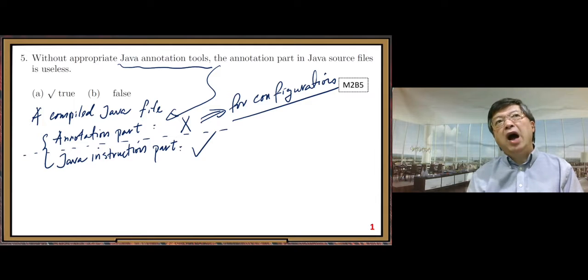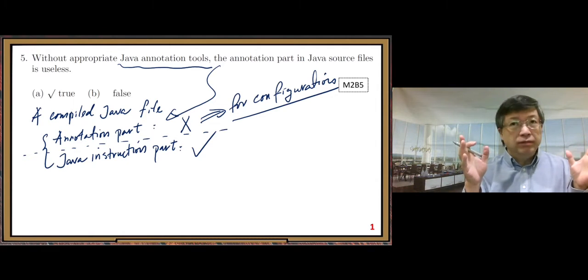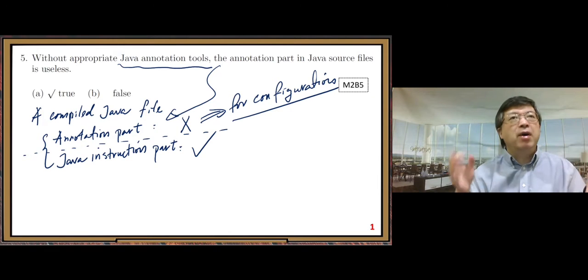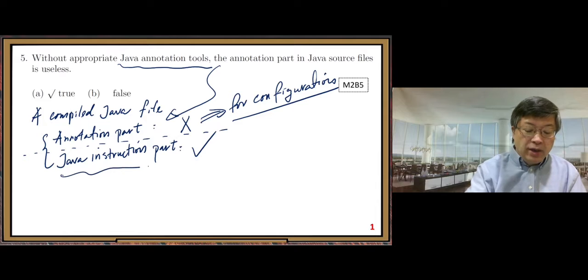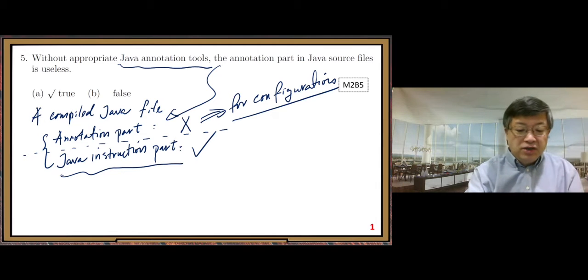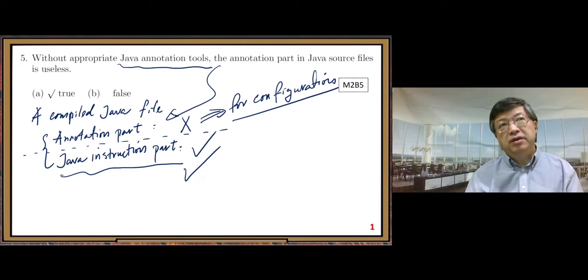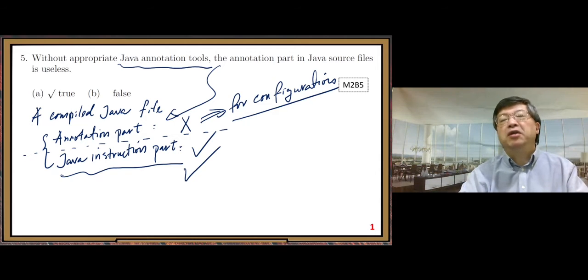If you do not provide appropriate annotation processing tool, that configuration information, that feature, so there are some features associated with the annotation part, that part is gone. So you cannot use that part anymore. But if your application only needs the original instruction part, it's fine. Your application can still work as expected.